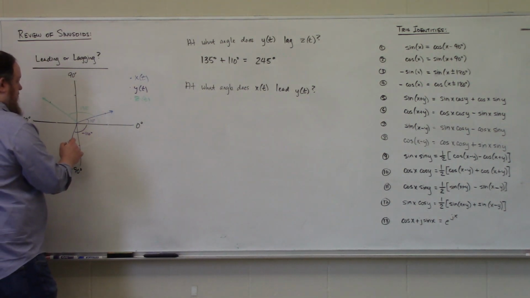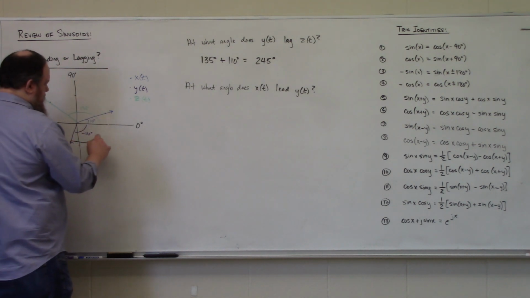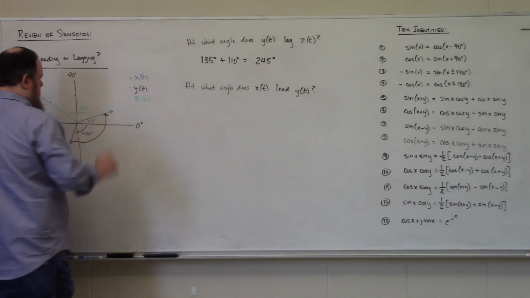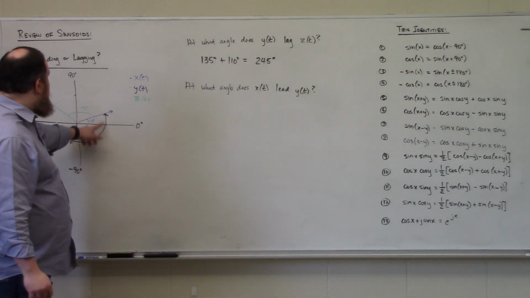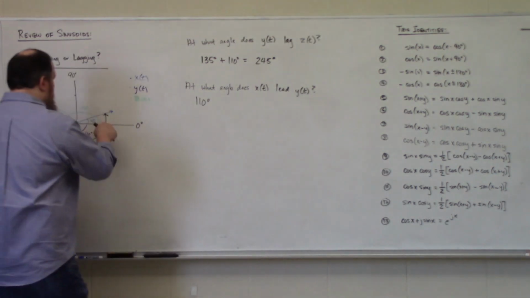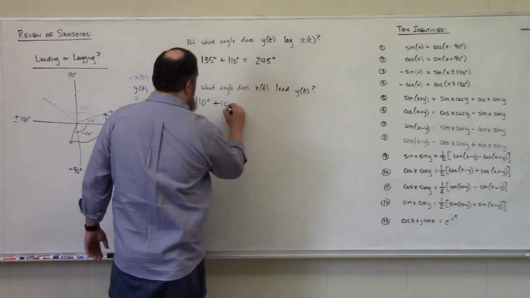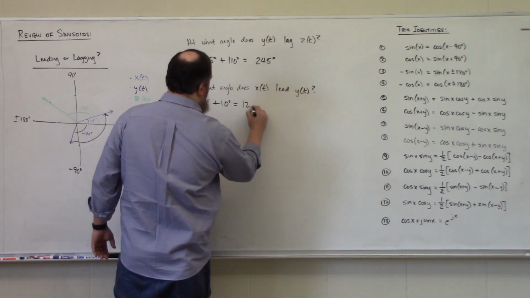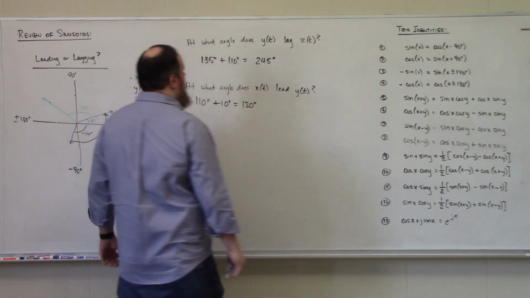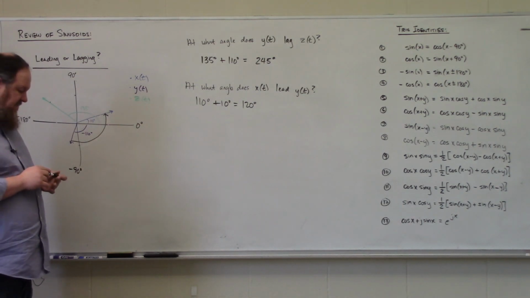So we start here, and we're measuring from the purple to the blue, like so. So it's going to be 110 degrees, because that gets us back to our 0 axis, and then 10 more degrees, 120 degrees. So hopefully this is fairly straightforward.